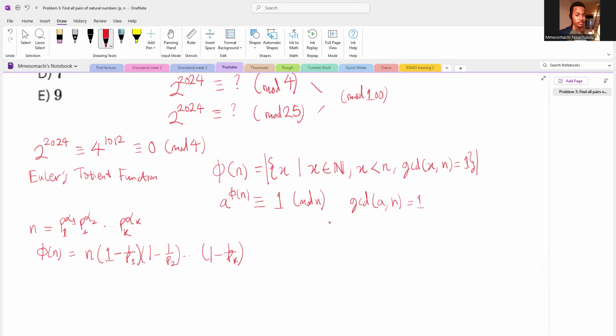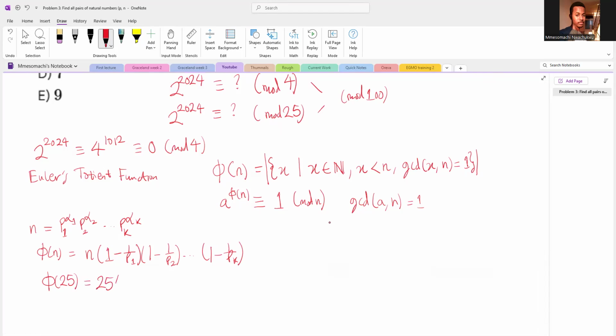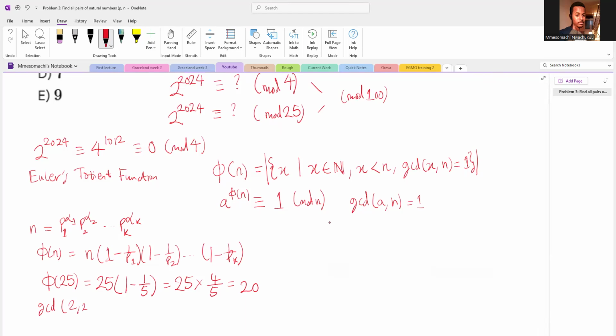We can look for the totient of 25. This is equal to 25 times 1 minus 1 over 5, which is 25 times 4 over 5, which is equal to 20. Now, 2 and 25 are relatively prime, so the greatest common divisor of 2 and 25 is equal to 1.